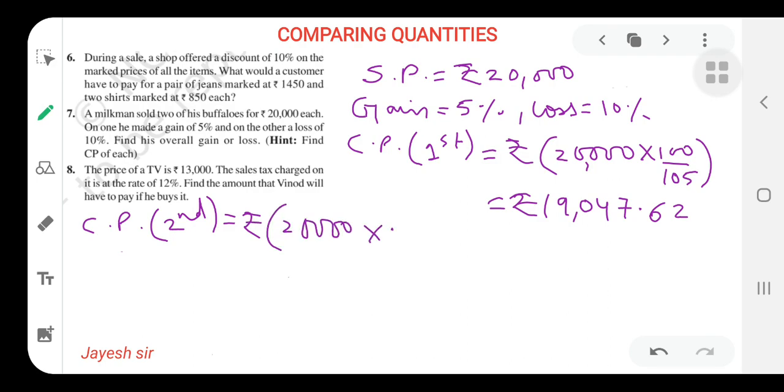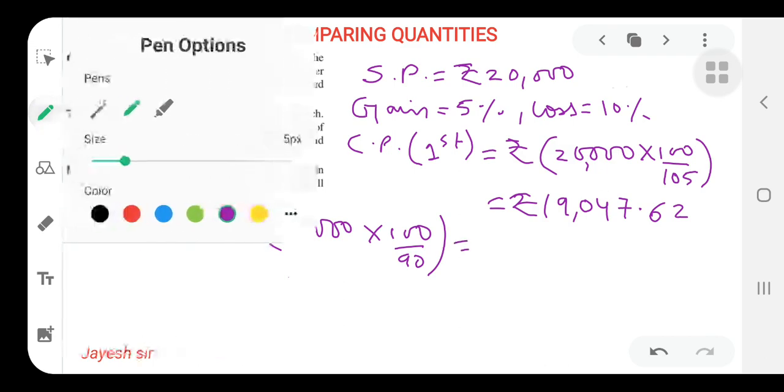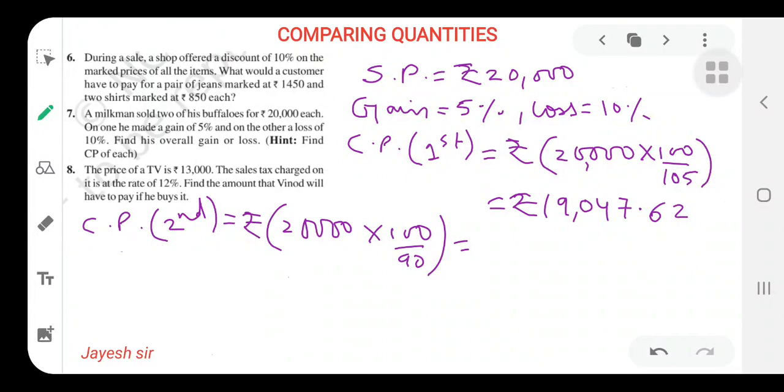How much percent? 10%. So 100 as it is, and in the denominator it would be 90, because on that I have incurred a loss. So what is the amount that I am getting? Let us change the color of the pen so that we won't make any mistake. So the answer would be rupees 22222.22. That was the cost price of my second buffalo, and the cost price of my first buffalo was 19,047. I hope you all might be getting it.